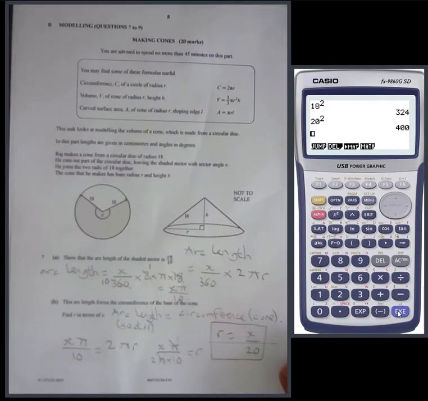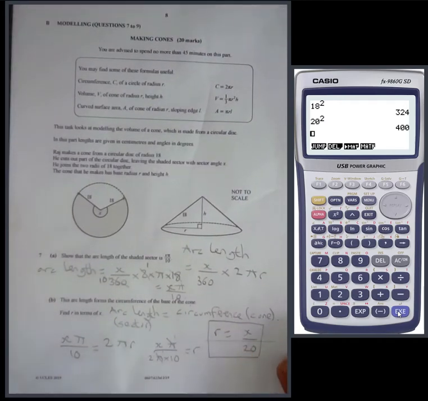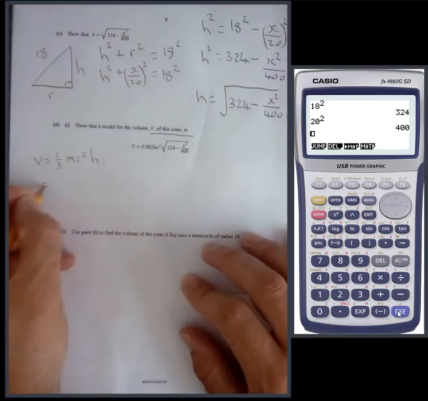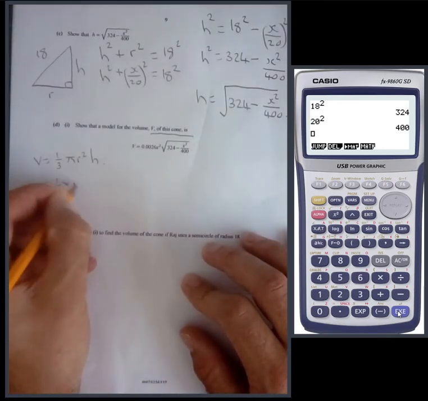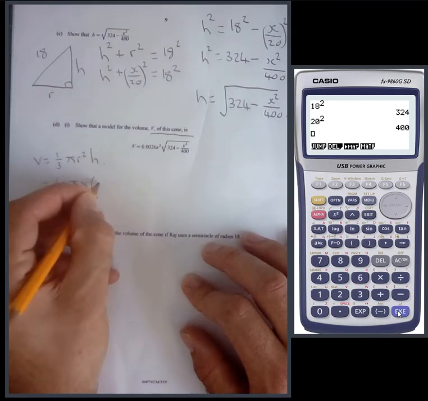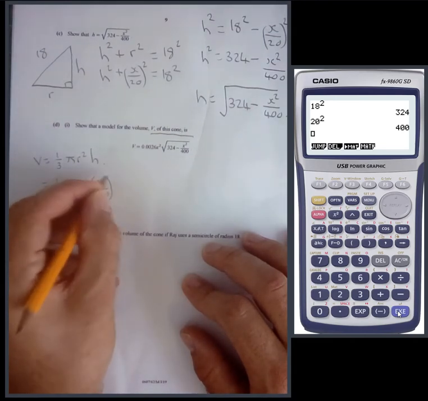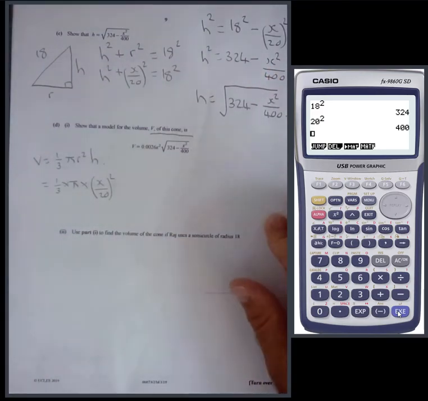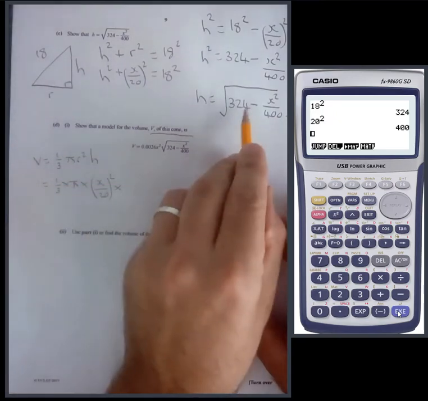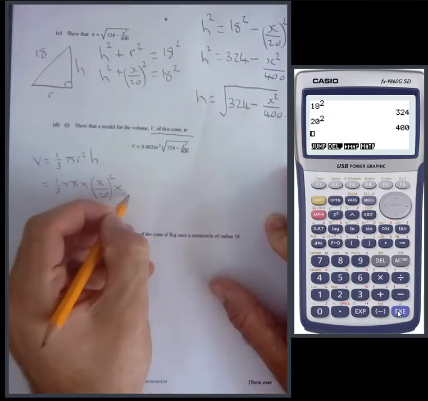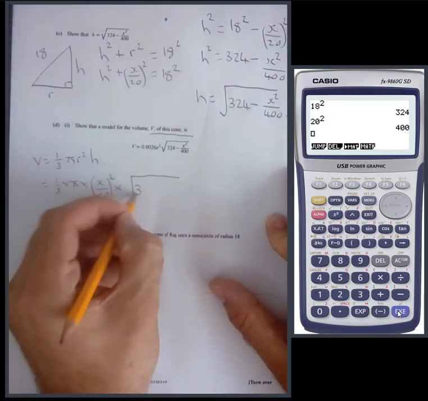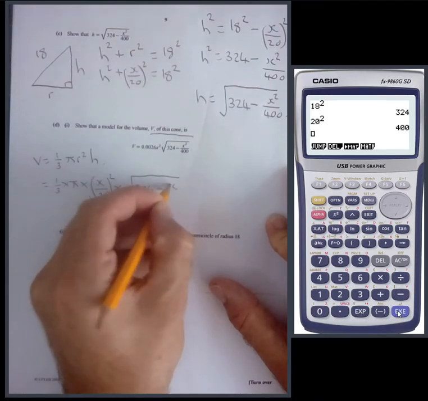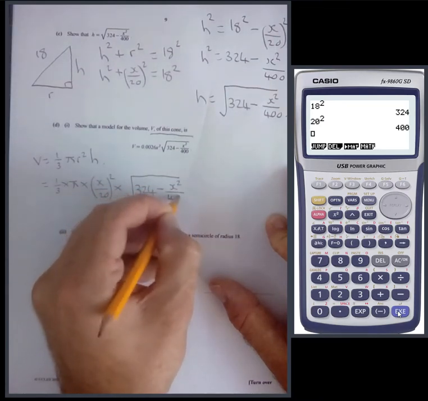Okay, remember r is x over 20, so that equals 1/3 times pi times (x over 20) squared, which I could have just written as x squared over 400. Probably should have done with the space, but never mind. Times h, well, we've just said h is the square root of 324 minus x squared over 400, right?